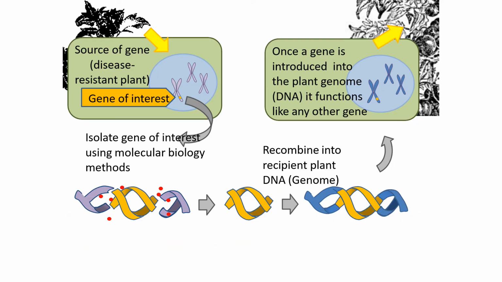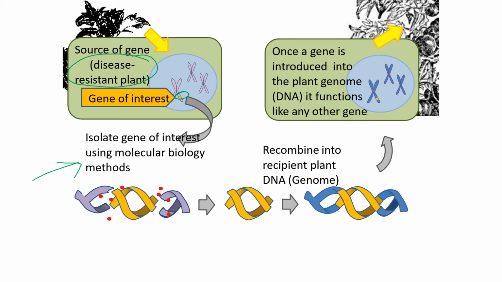So what is the main theme or dogma of this technology? We first go for isolating the source of the gene, a disease resistant plant for example. This disease resistance is actually due to a certain gene. This gene is present on the chromosome, and this chromosomal gene fragment is isolated using restriction enzymes.